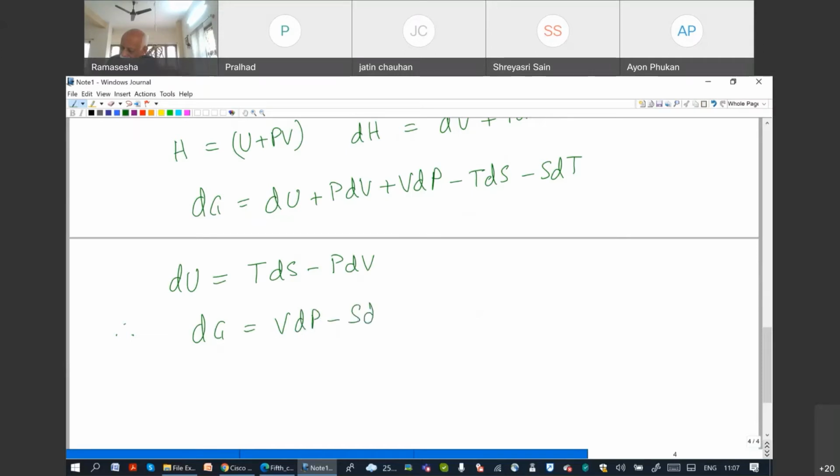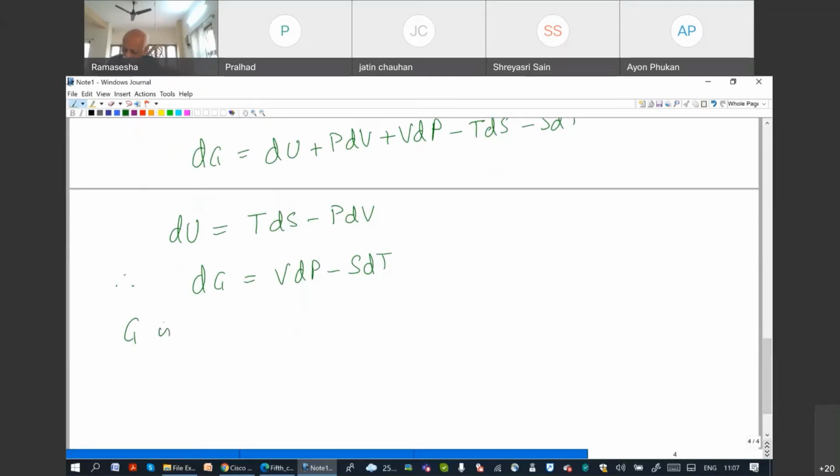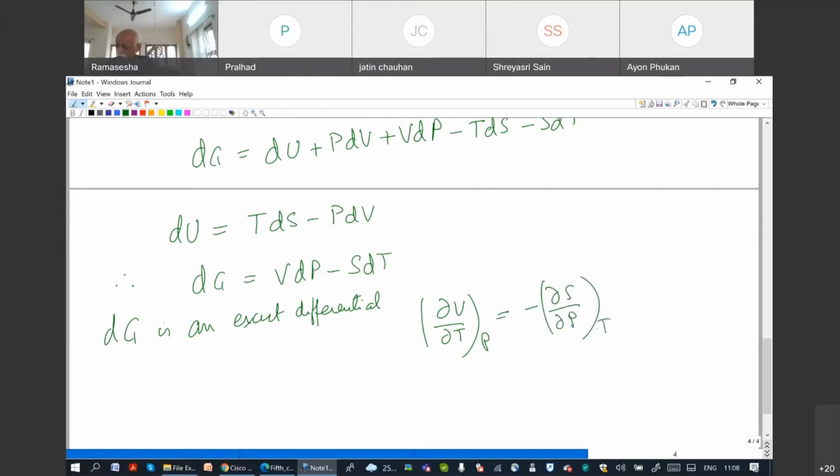Now dG is an exact differential. So what is the condition if it has to be an exact differential? Del V by del T at constant pressure equals negative del S by del P at constant temperature.